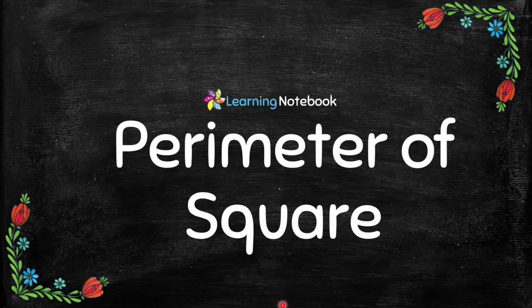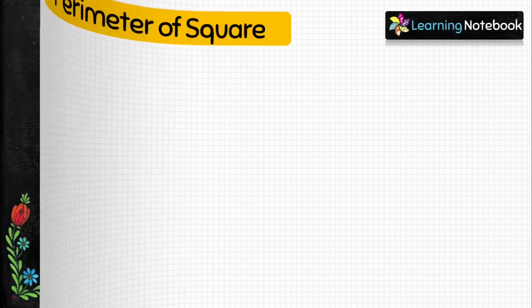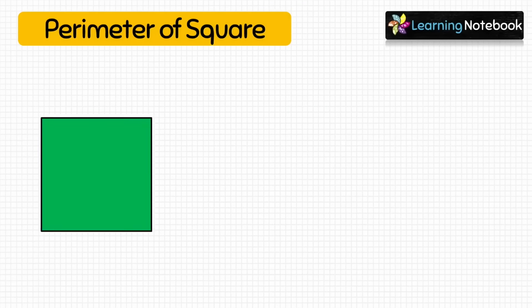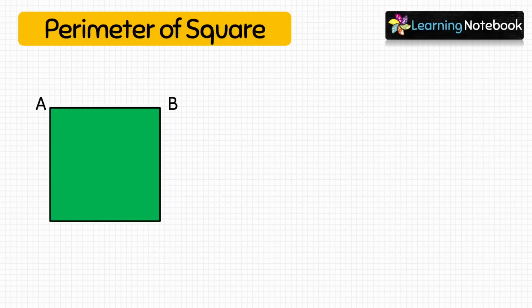So students, now we have learned perimeter of triangle and rectangle. Next, we will learn perimeter of square. So students, perimeter of the square would be equal to sum of the lengths of all its sides.